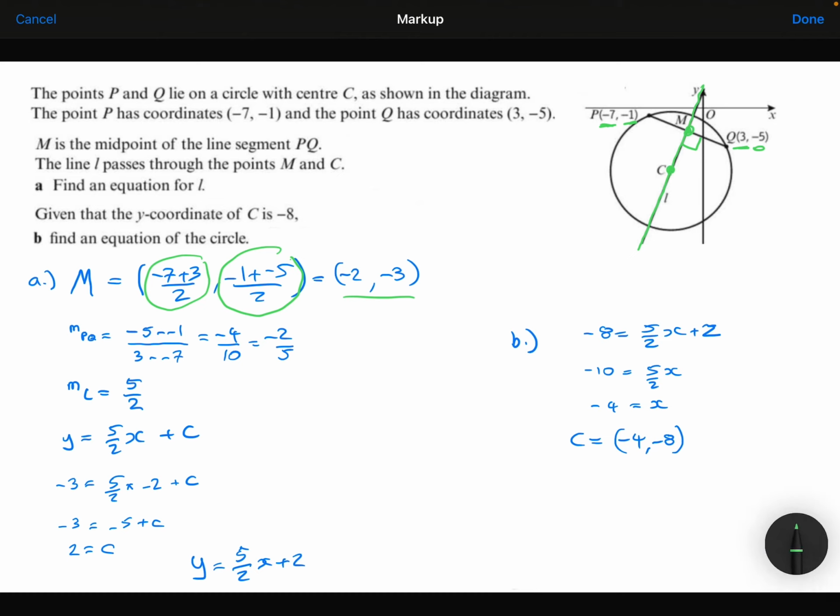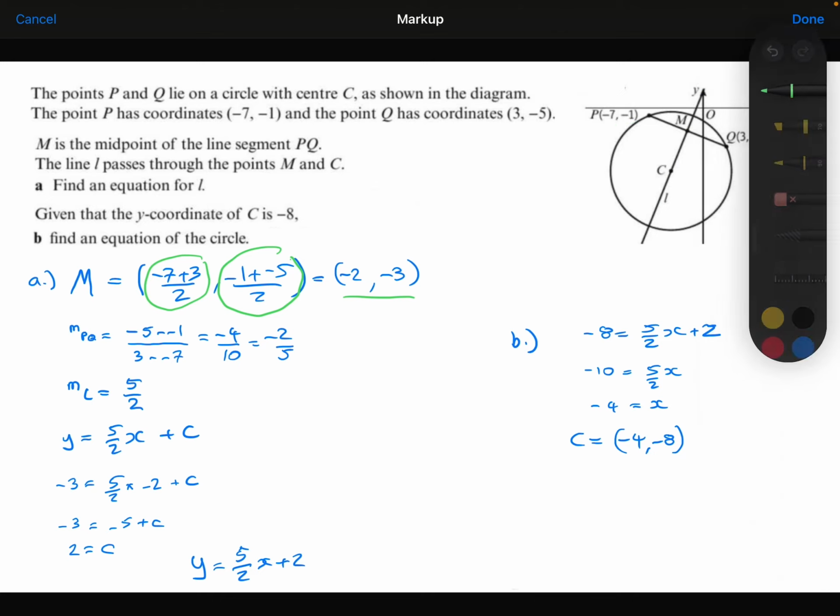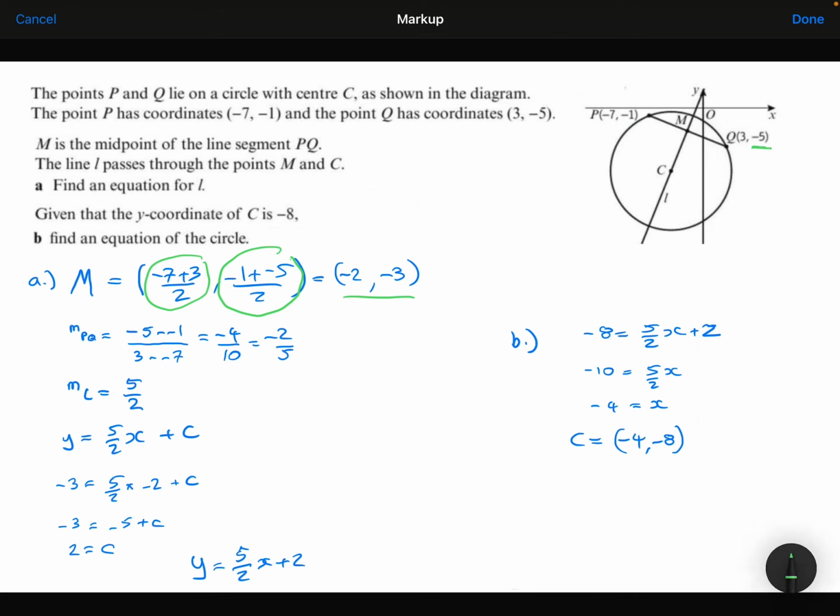I've then worked out the gradient of PQ by doing the change in the y coordinates divided by the change in the x coordinates. So I worked out the gradient of PQ was minus 2/5.